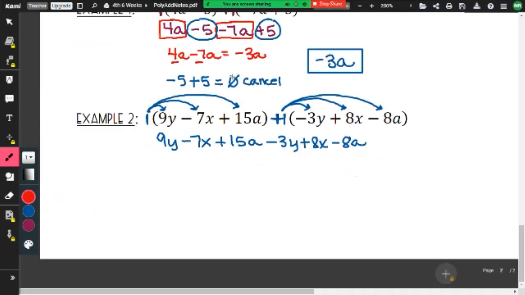After you're done distributing, what do we do? Group them. What can I group or what can I combine with 9y? Negative 3y. And when we add those or subtract those, in this case, we're subtracting the coefficient. So 9 minus 3 gives us 6y.